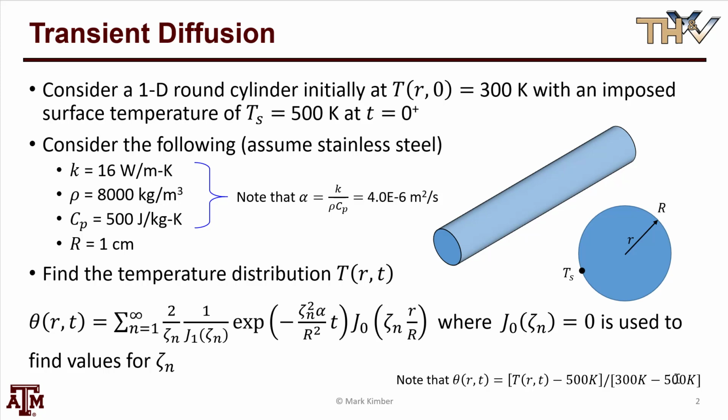And the solution that is presented here is a simplified version of a more general solution, one where instead of a Dirichlet boundary condition, we are looking at a Robin boundary condition, namely where at time equals 0 we have an imposed convection in terms of a heat transfer coefficient and a free stream temperature.